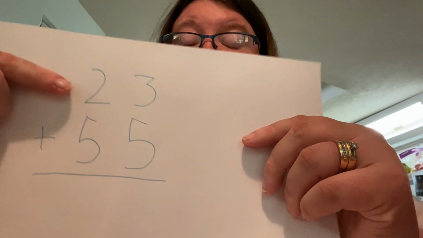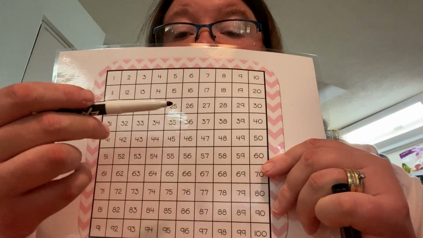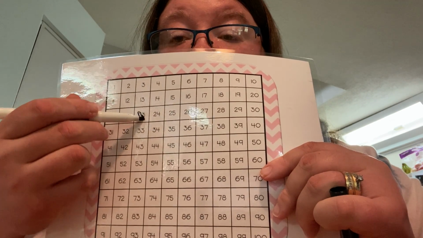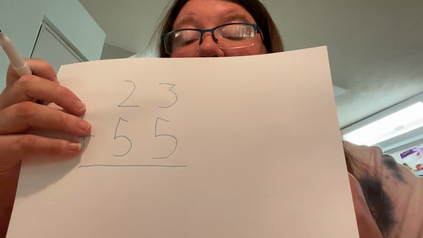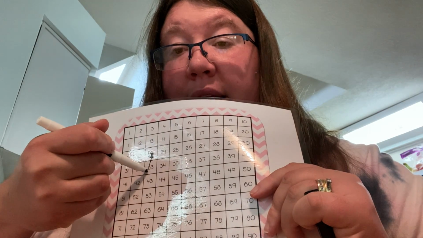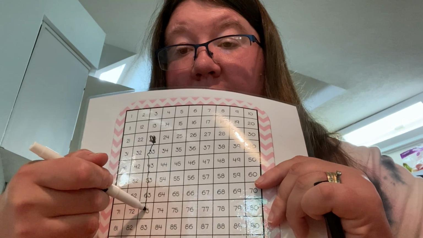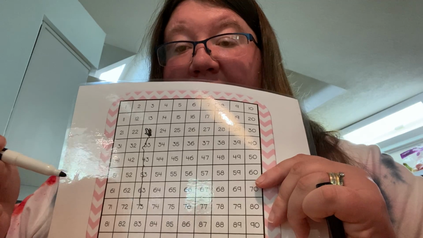But let's start on our 23, right over here. And we're adding 55. So first let's go down 5, starting at our 23. 1, 2, 3, 4, 5. Good. Now we're at 75.